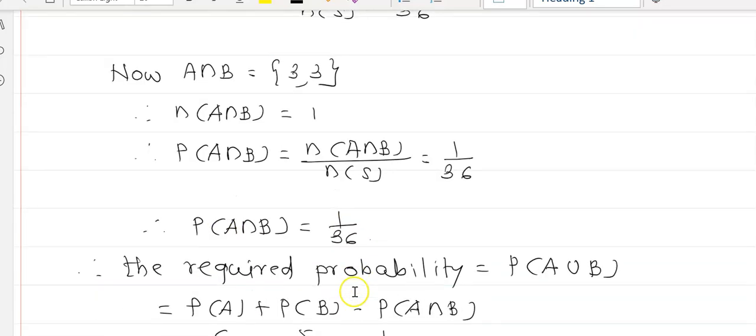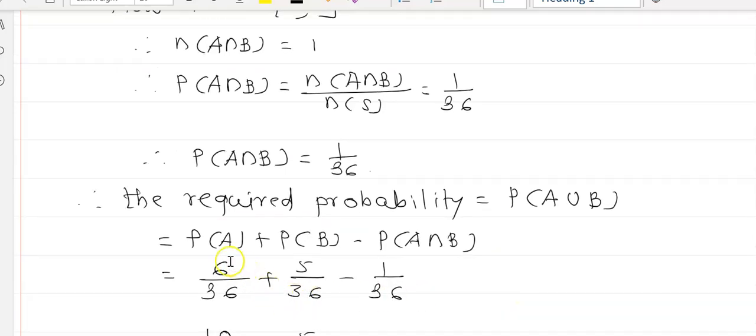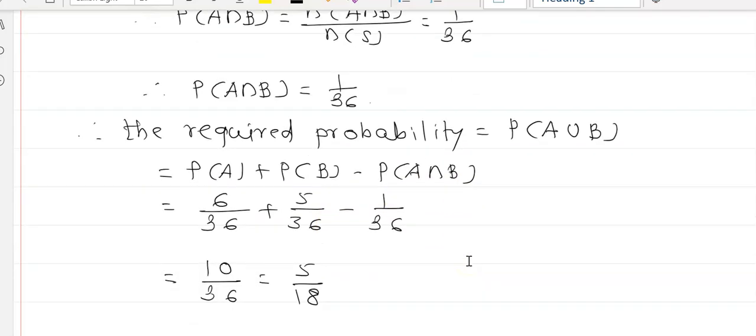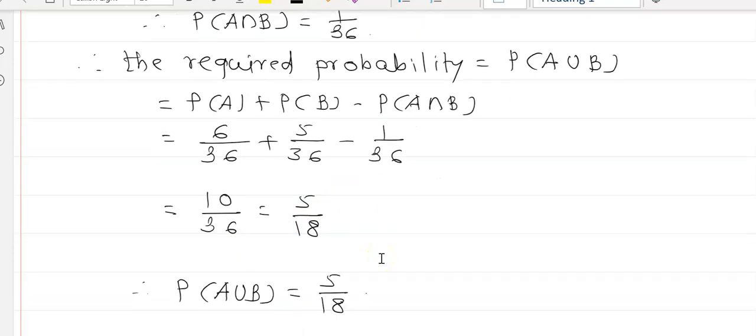The required probability, P of A union B, is equal to P of A plus P of B minus P of A intersection B, that is 6 upon 36 plus 5 upon 36 minus 1 upon 36. And that's why you will get 10 upon 36, that is equal to 5 upon 18. Again, P of A union B is equal to 5 upon 18.